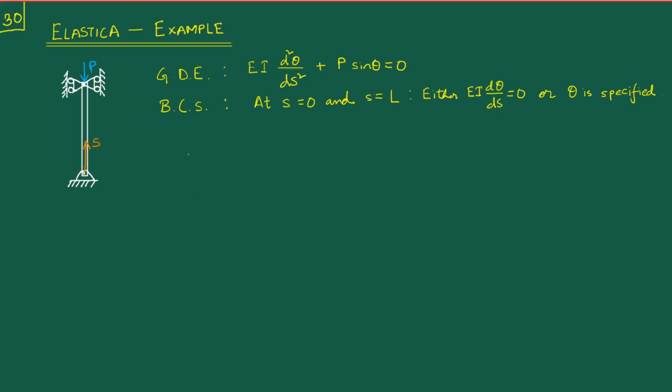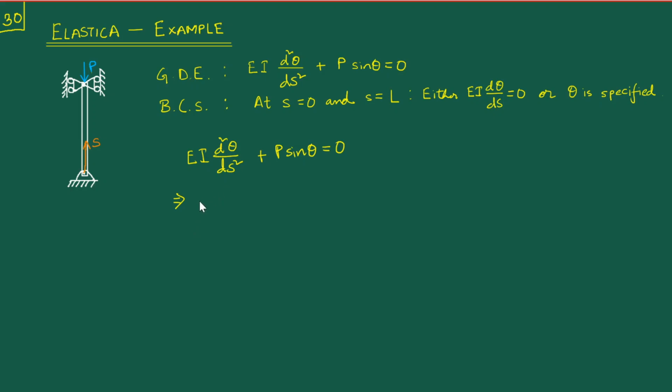So we start out with this equation, EI d squared theta/ds squared plus P sine theta equal to 0. The way we deal with this nonlinearity is with a standard trick which is used in various areas of mathematical modeling, in quite varied areas actually.